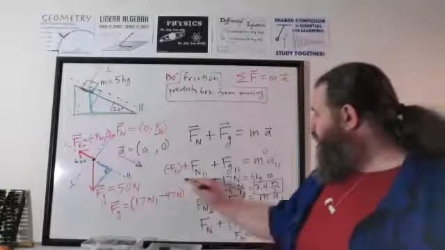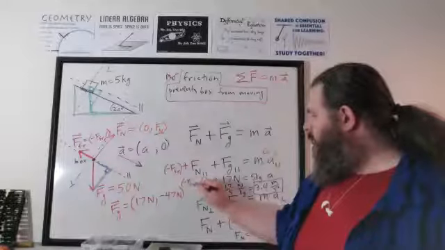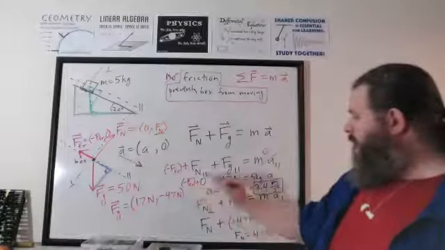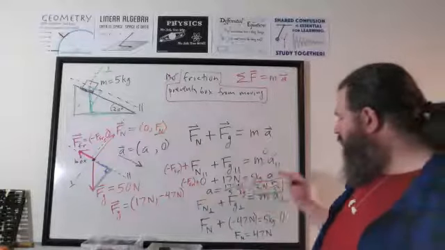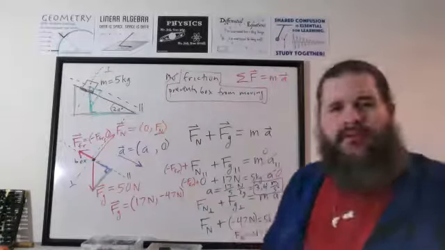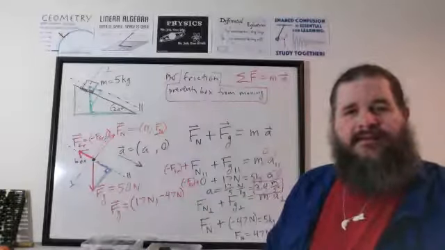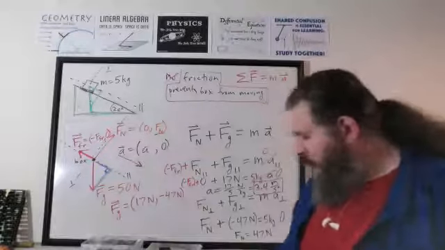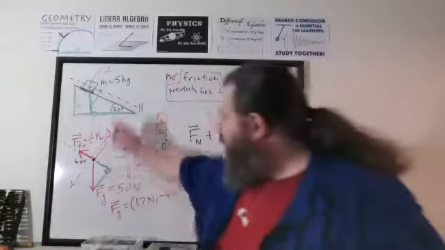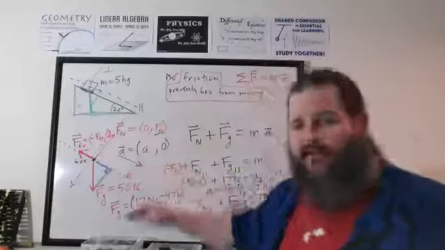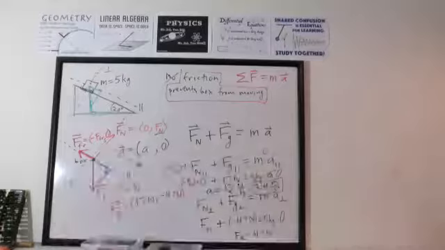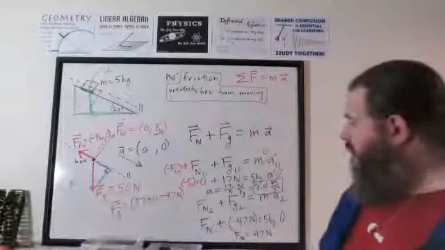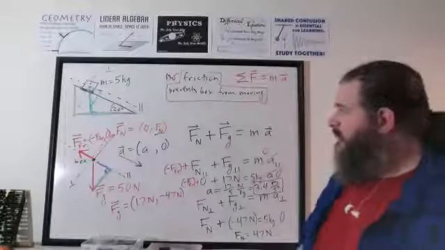So instead we just have negative force of friction plus 0 plus 17 newtons equals 0. So now what does the force of friction have to be? 17. Right, that's got to be 17 newtons because it is specifically balancing out the parallel component of gravity. So the force of friction has to be 17 newtons.